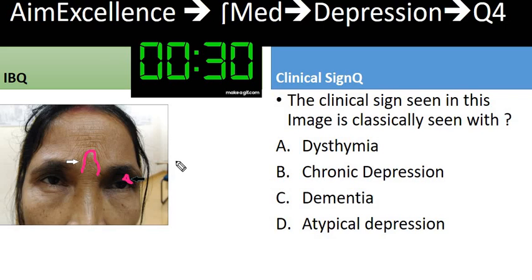This is known as the Veraguth sign. This is the omega sign. Both of them are seen in chronic depression, melancholic depression.